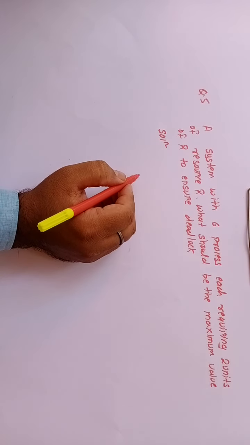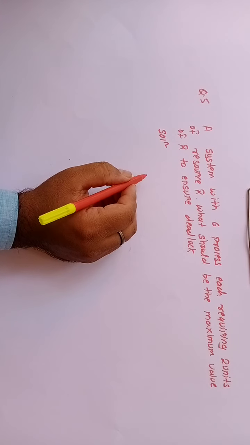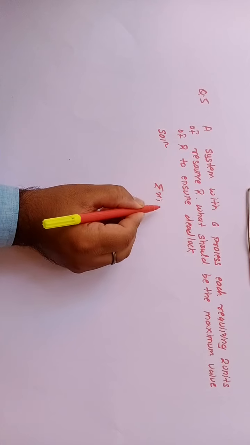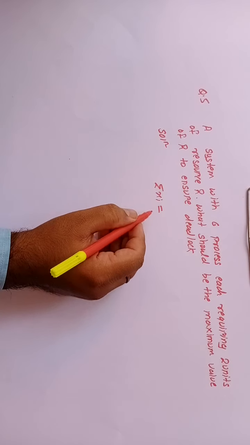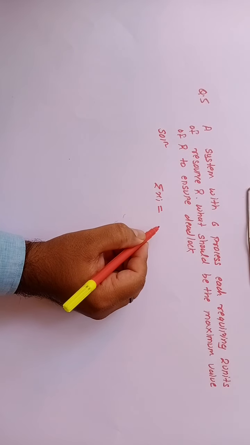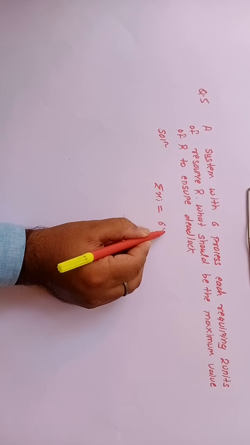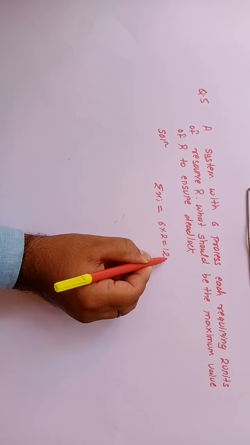In this problem, we have to ensure deadlock. So first we calculate summation of xi, that is the need of all the processes. Since we have 6 processes and each process requires 2 units, the sum of need will be 6 into 2, that is 12.